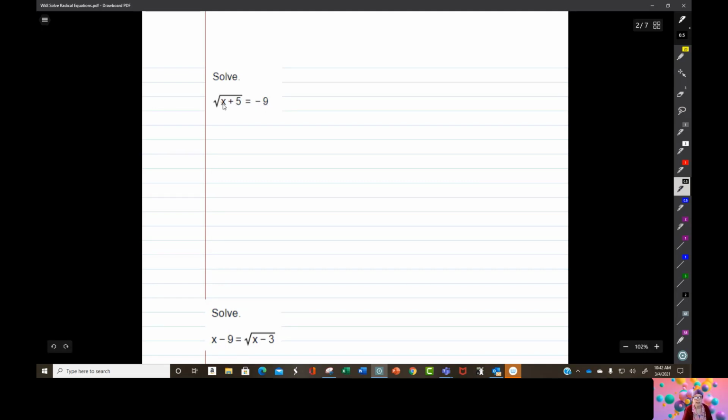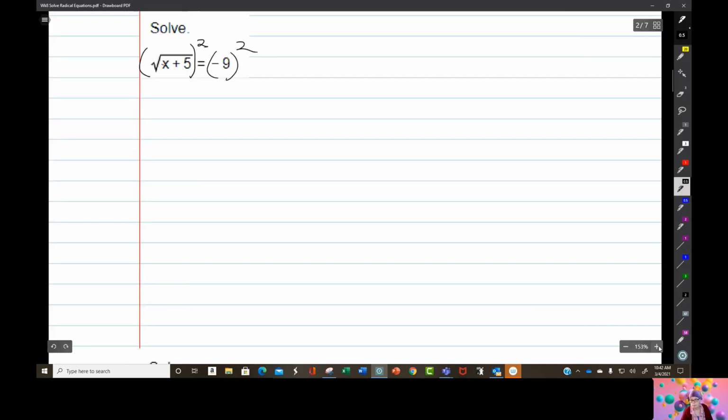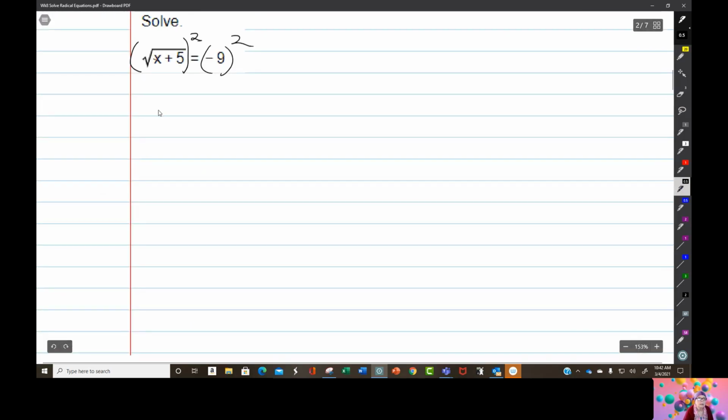I have to square both sides so I can get x out of jail. And the cellmate, plus 5. There. So what will that do for us? The square and the square root cancel each other out, and we're left with x plus 5.